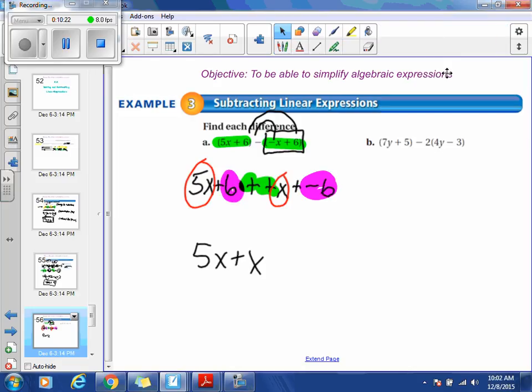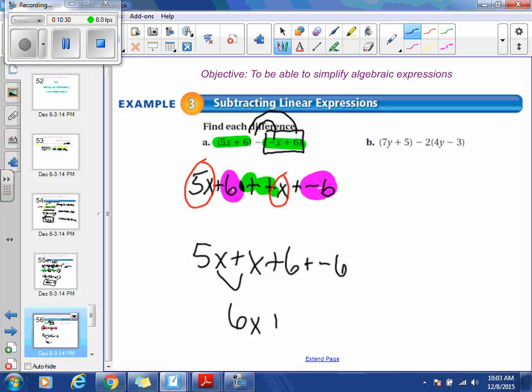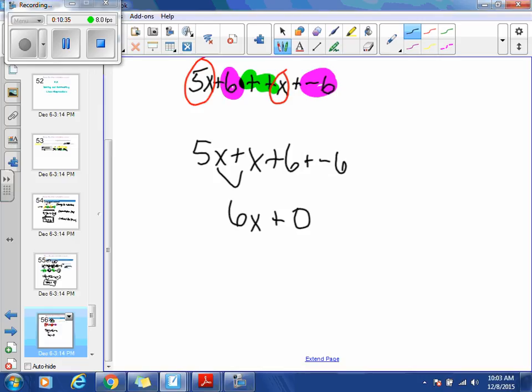So I'm going to say plus 6 plus negative 6. Combine like terms, 6x plus 6 minus 6 is 0. So in other words, we could just say that the simplified version of this is just 6x.